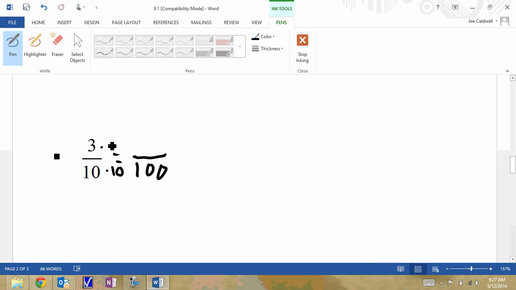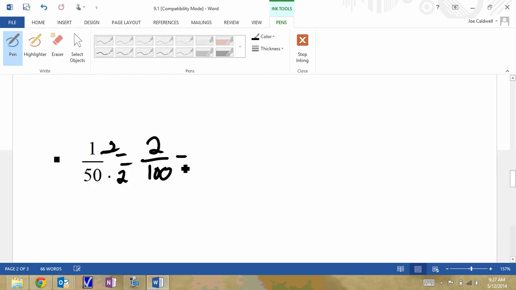Whatever you do to the bottom, you've got to do to the top, and so you would get 30 over 100, or 30%. Again, hopefully you're getting the idea. 1 over 50. Again, denominator of 100. 50 times 2, 1 times 2. And you would get 2 over 100, which equals 2%.